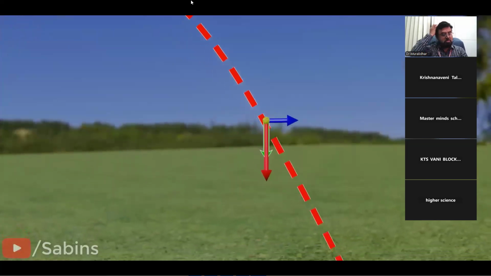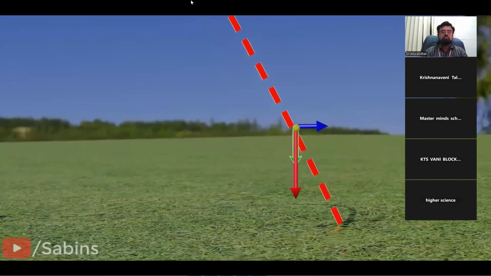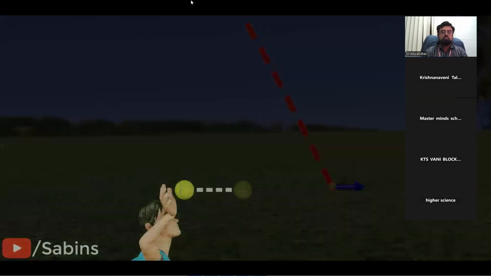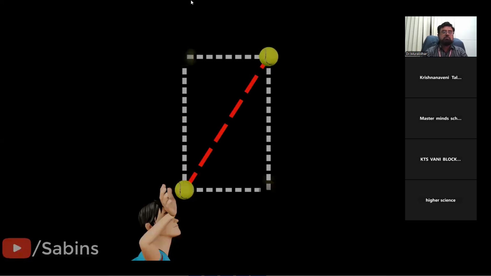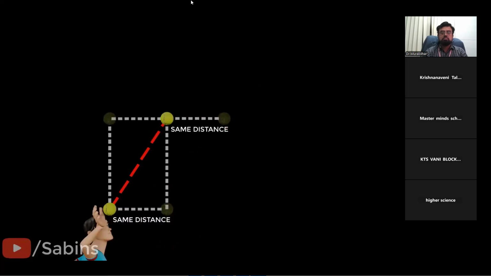Let's analyze this more closely and see how the variation of the vertical component of velocity affects the shape of the trajectory. The horizontal and vertical distance traveled by the object for a small time interval is shown here. Its complete motion will be as shown. Since the horizontal component of velocity does not change with time, in equal time intervals the ball will travel the same distance horizontally.